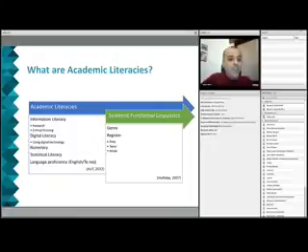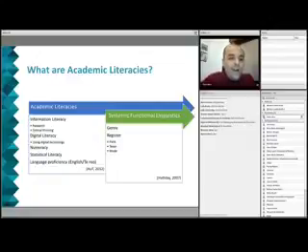So these are the broad areas that we tend to explore and develop when we discuss this at AUT.